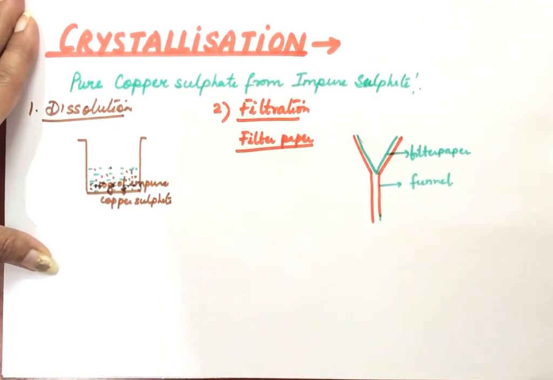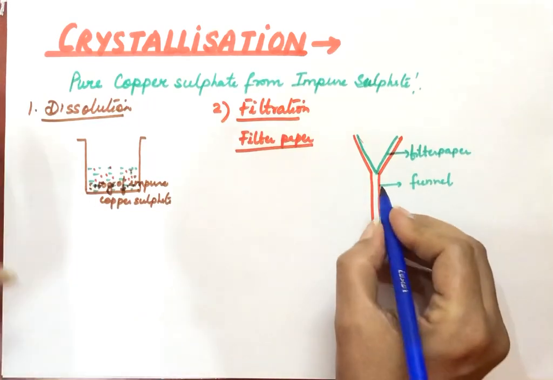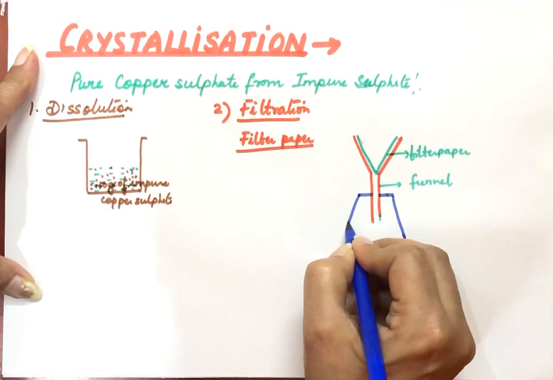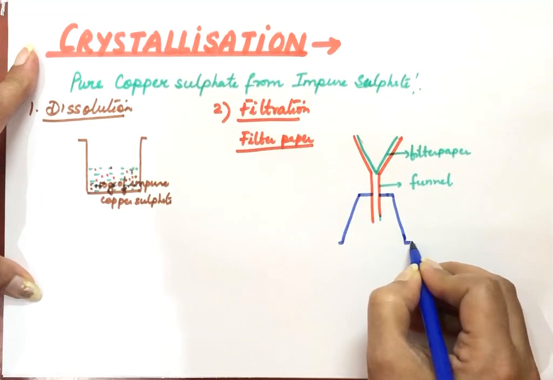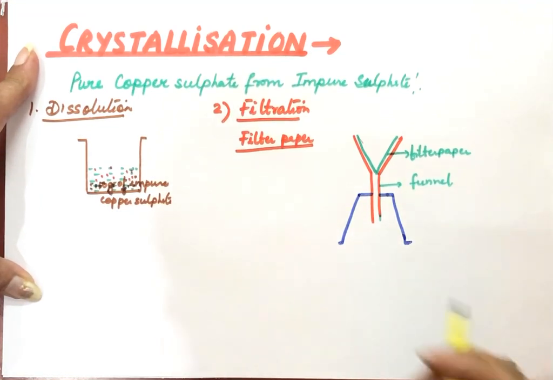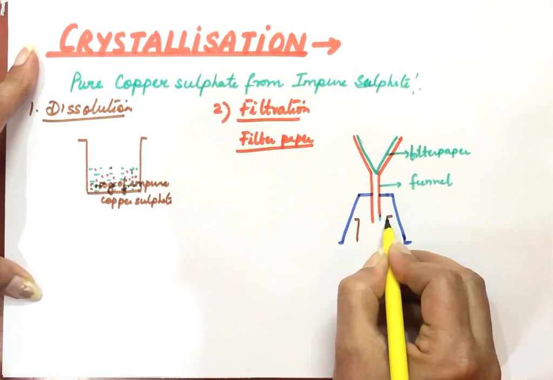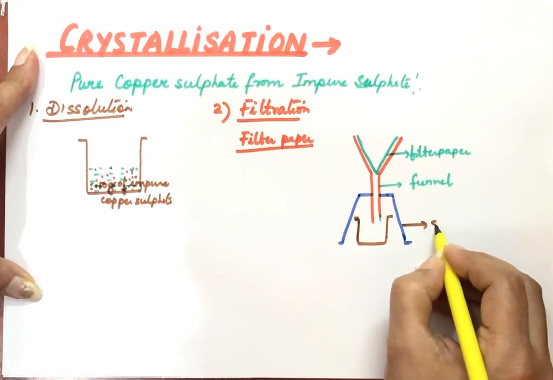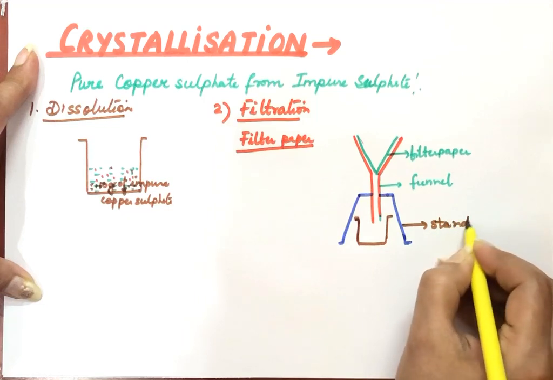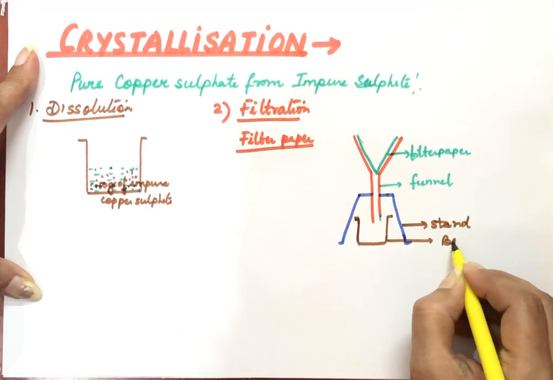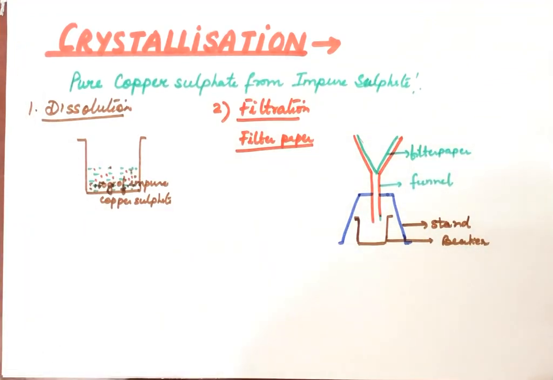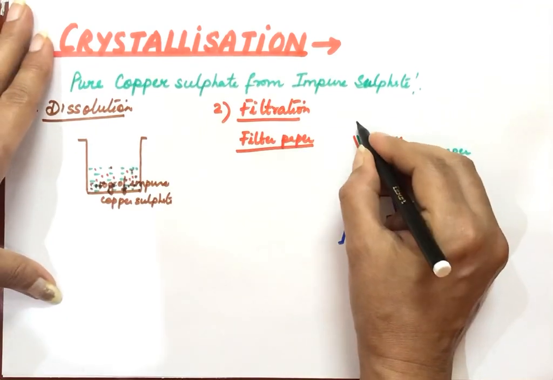This funnel we will set on a stand, and under this stand we keep an empty beaker. So this is the stand and this is a beaker. And how do we do the filtration? For that we are using a glass rod.